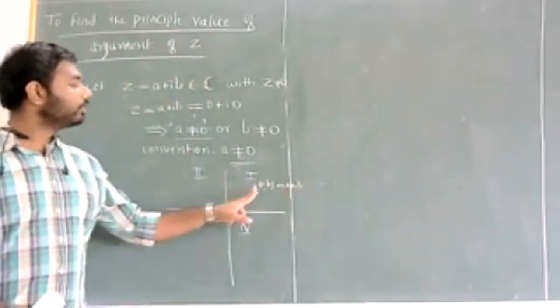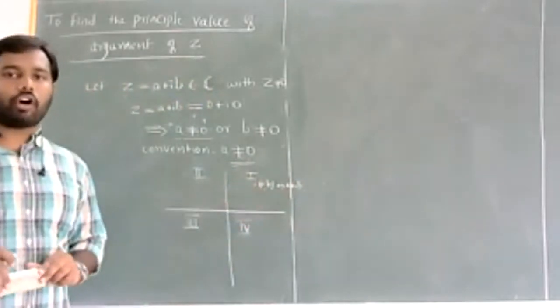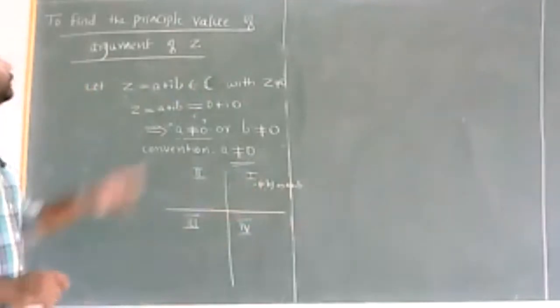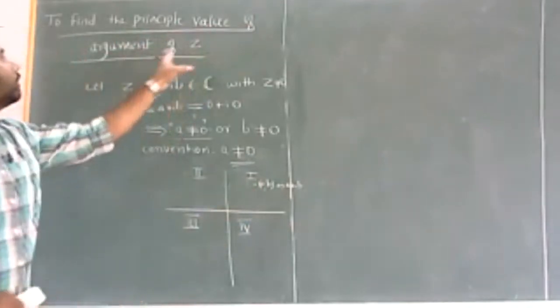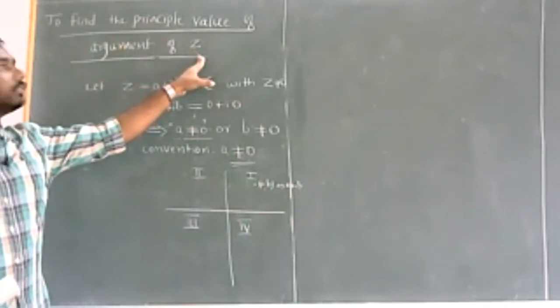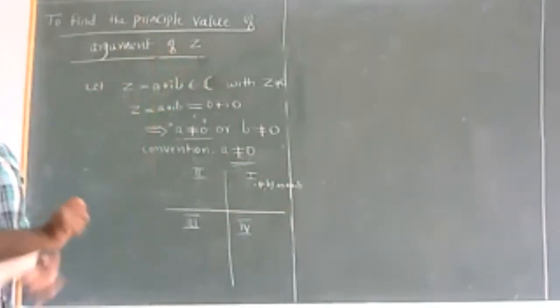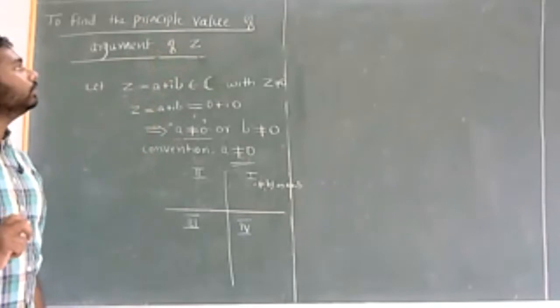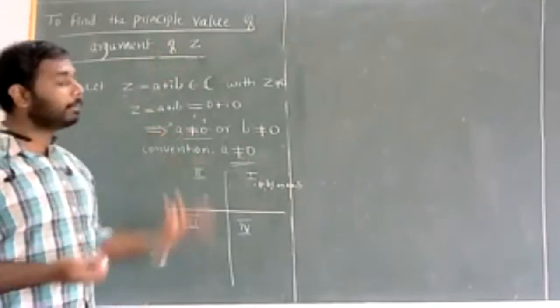Now we have to find the principal value of argument of this complex number. The principal value of argument of complex number z is the argument of z whose value is in between -pi to pi.